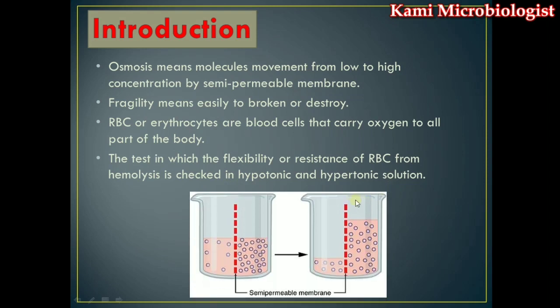Now let's explain the osmosis process through this diagram. As you can see, this is the solution. All of you better know that a solution is made up of solute and solvent. The dots, as you can see, are the solute, the particles.